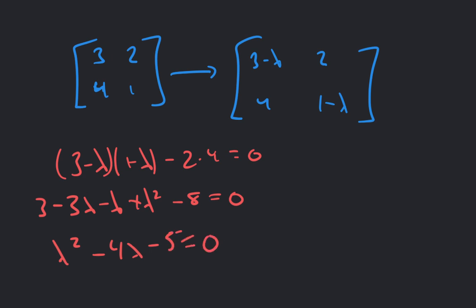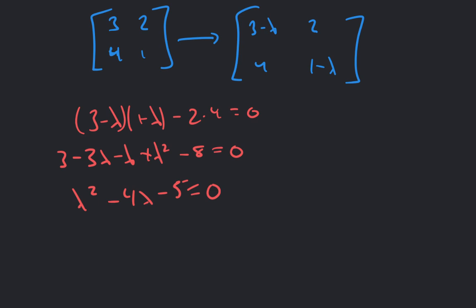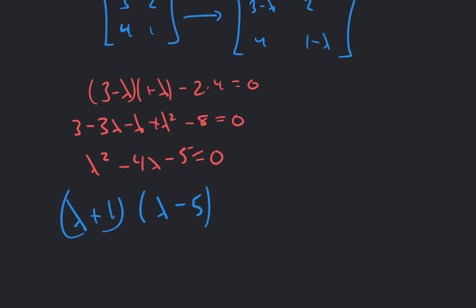Here we can easily factor: what multiplies to negative 5 and adds to negative 4? So that's going to be plus 1 and minus 5, because we get lambda squared minus 5 lambda plus lambda, so that would be minus 4 lambda, then minus 5.